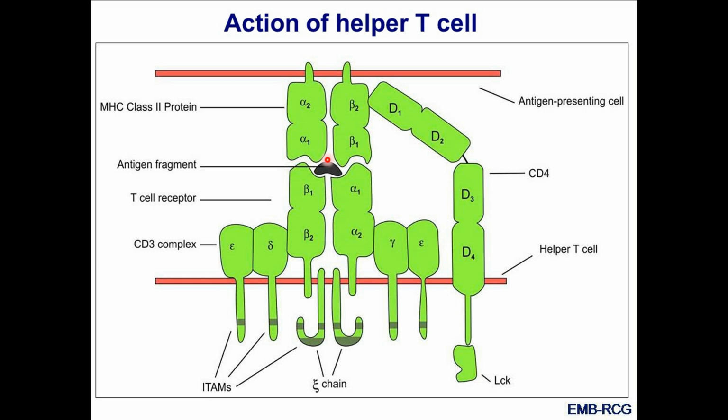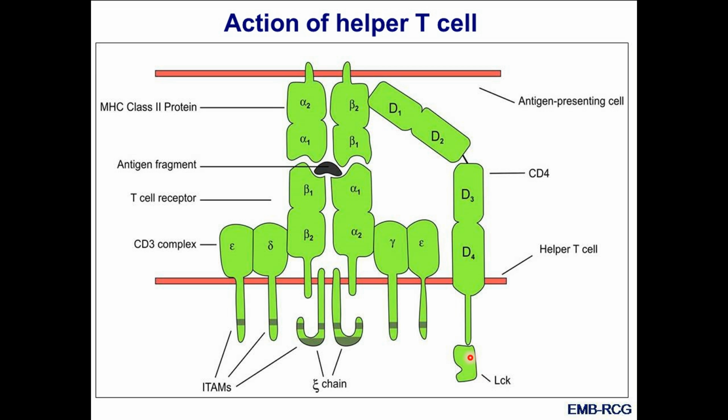This combination of a foreign peptide plus the self MHC2 protein will be recognized by the T cell receptor of some helper T cell which is complementary to the foreign peptide. So this T cell receptor binds to the foreign peptide as well as the self MHC2 protein. The co-receptor CD4 also binds to the self MHC2 protein.